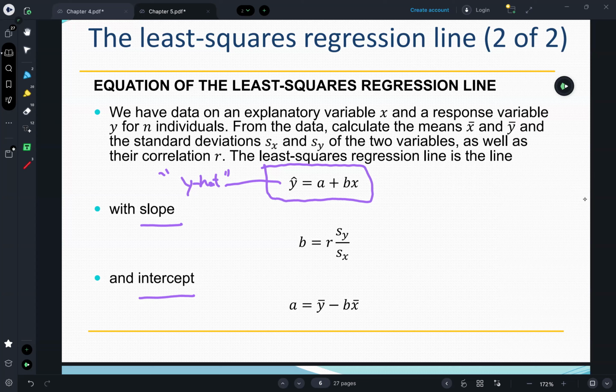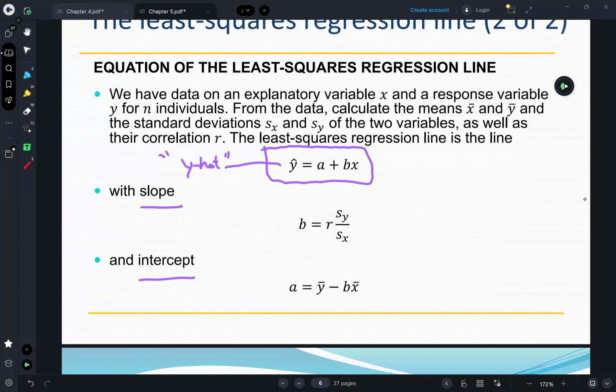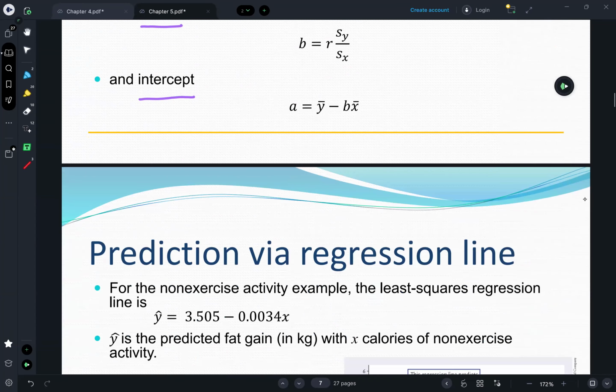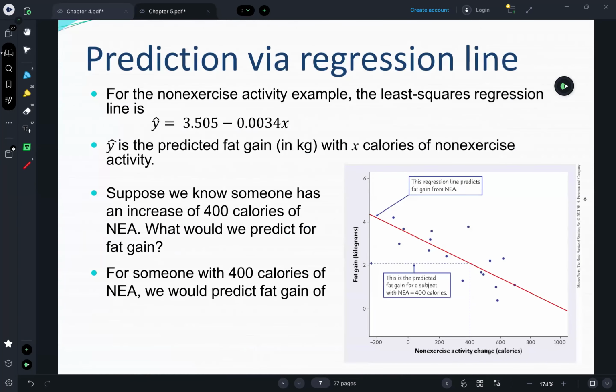So slope, we know what all these look like, right? The slope is equal to r times the standard deviation of y divided by the standard deviation of x. We know what all of these look like and, more importantly, how to derive them. So here's an example of a least squares regression line, the non-exercise activity example.